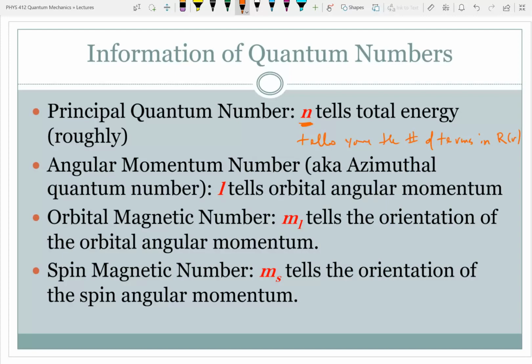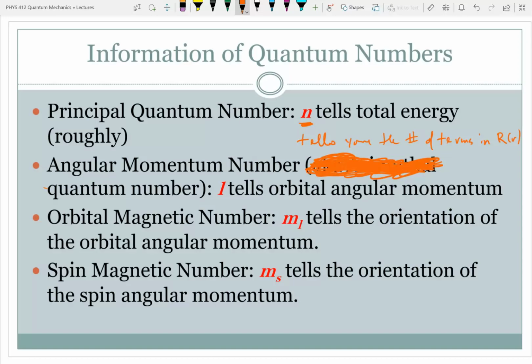Okay, then we have L, our angular momentum quantum number. That's not it. m sub L is the azimuthal one. So L tells us the orbital angular momentum.